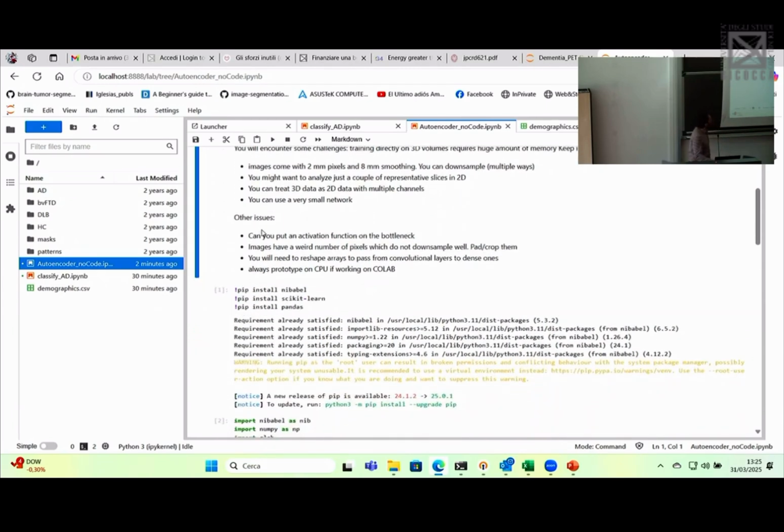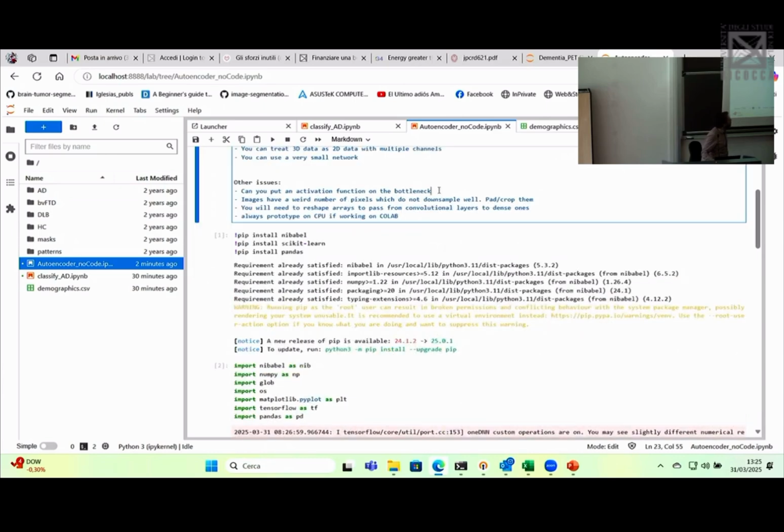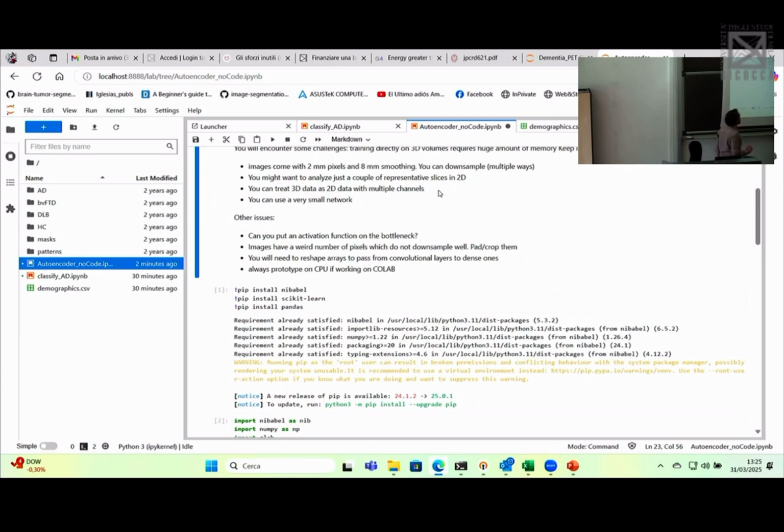And then there are other things you need to think of. Now, the first one should have been a question. Can you put an activation function on the bottleneck?